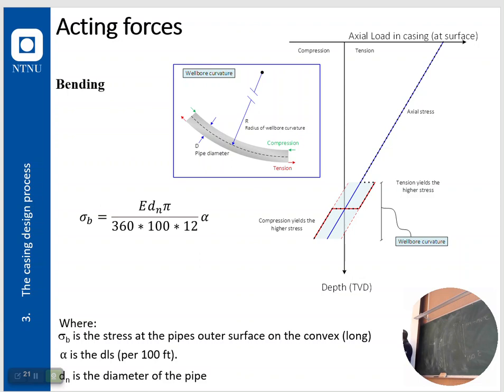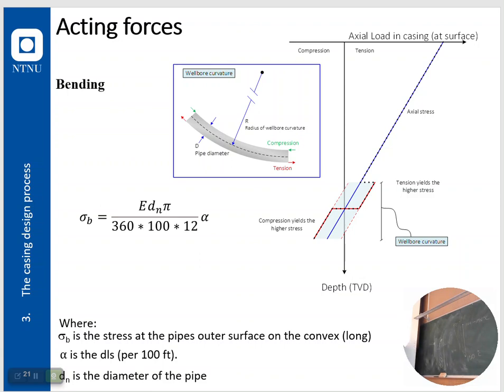Now, what we have is a small dogleg in this dashed line here, marked in red, and with the curvature that we see in the blue frame, on the inside of the pipe we have a compressional force. On the outside, we have an additional tension. In our case, we want to know what is the extreme. Going down to zero, we add the tension.